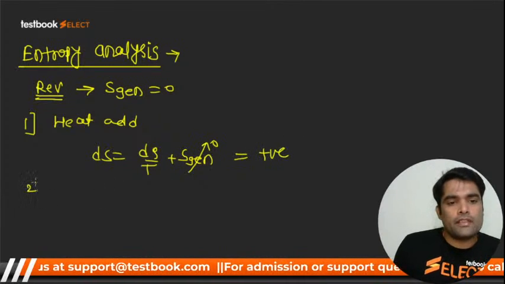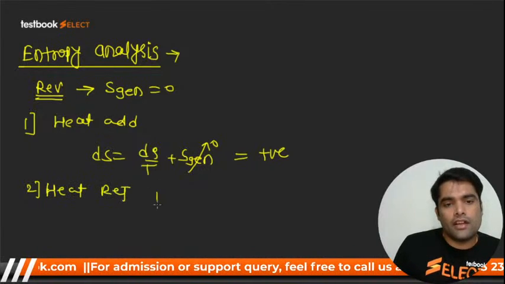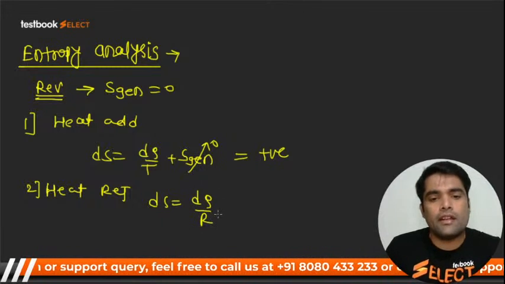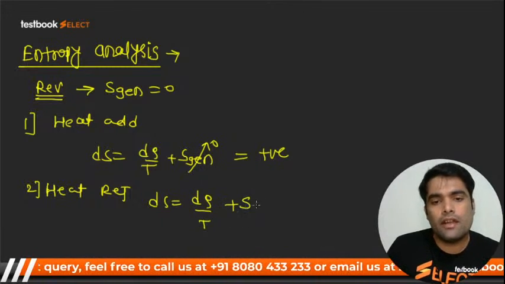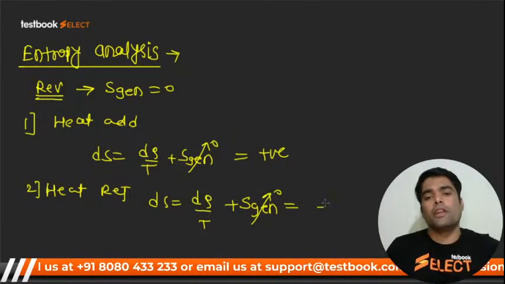And suppose it is heat rejection, then ds will be dq by T plus entropy generation, ये तो 0 हो जाएगा, so dq by T will be negative.